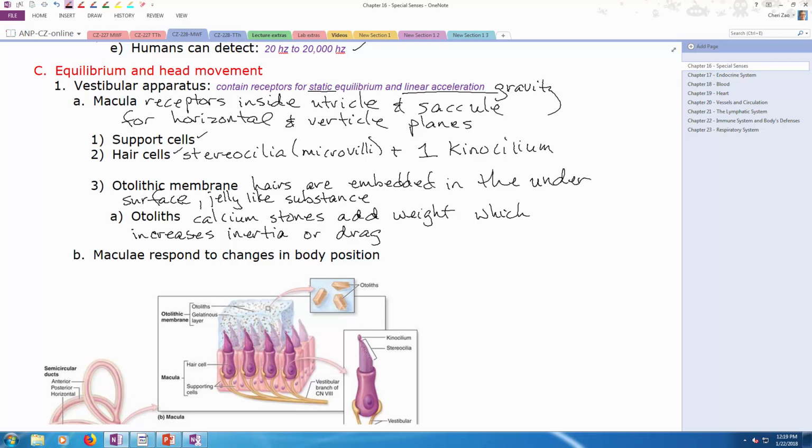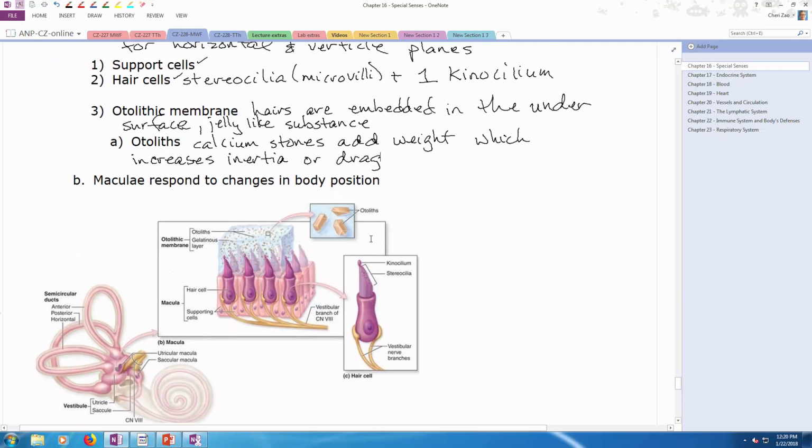So that's an important thing, because if you actually affect the stones in the otolithic membrane, you will affect the sensory signals going to the brain, which will then cause you some vestibular or balance-related issues. Our notes here say the maculae respond to changes in body position, and this is related to gravity and linear acceleration.